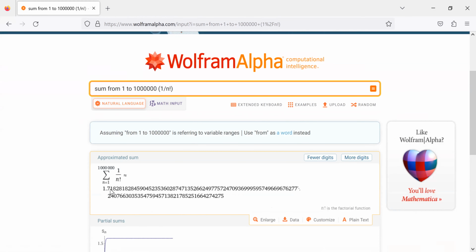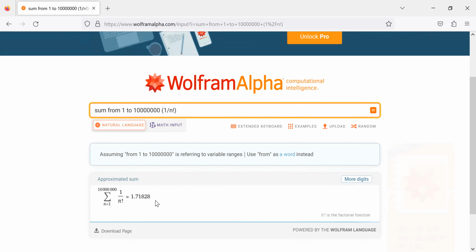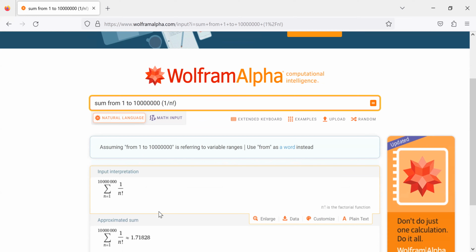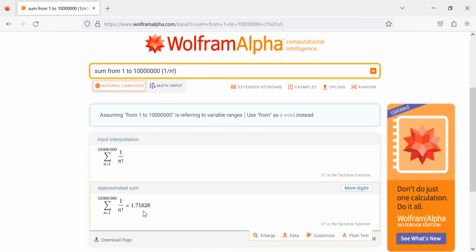And up to whatever Wolfram Alpha is rounding to, 1.71828, I don't think this is changing anymore. So we say, okay, 1.71828 is probably pretty much the sum. We haven't managed to find it using any clever math. We just asked our computer to do this sum for us, but it's probably a pretty good approximation.